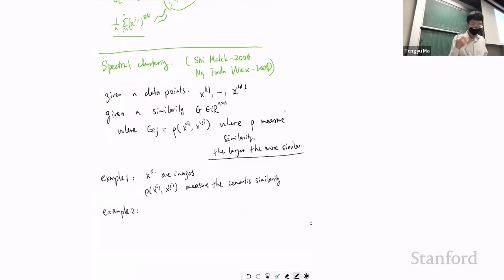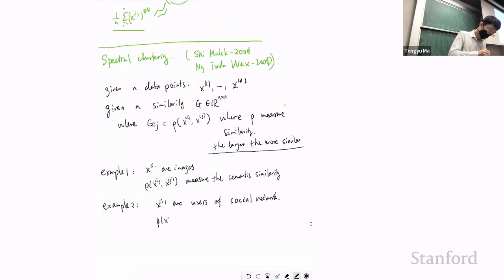Example 2, which is probably a more classical usage of these models: think of the xi's as users of a social network, and rho of xi, xj equals 1 if they are friends, like on Facebook, let's say.